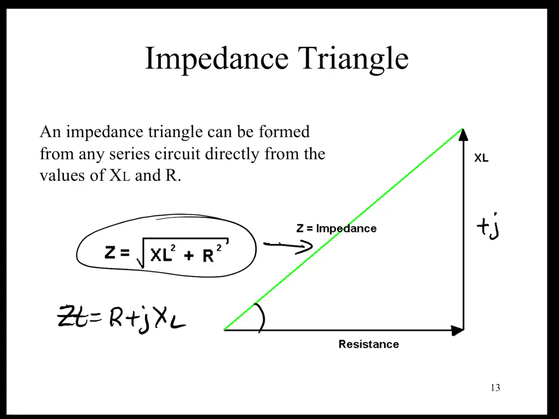In order to determine the angle here, which would be called angle phi for the angle of impedance, that can be determined using trigonometry, or what I would suggest is going to be your most efficient way of doing this is learning to use your calculator to do polar to rectangular conversions and vice versa.